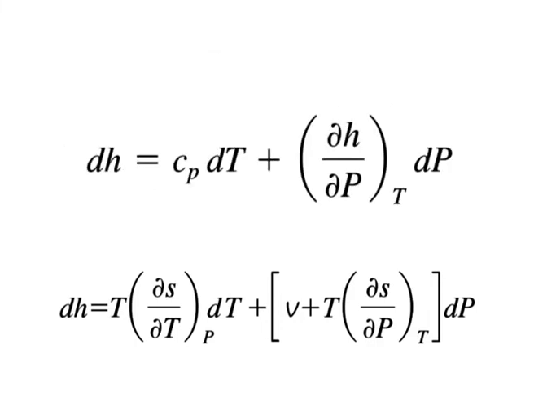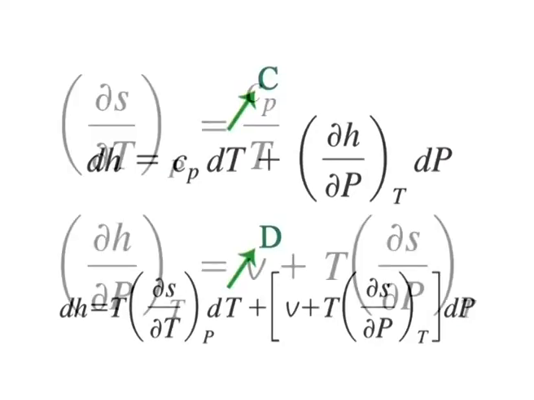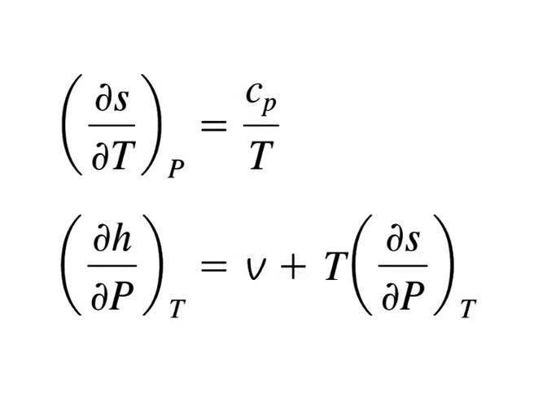Equating the coefficients of dT and dP in equations C and D, we obtain partial derivative of S with respect to T keeping P constant is equal to Cp upon T, and partial derivative of H with respect to P keeping T constant is equal to V plus T into partial derivative of S with respect to P keeping T constant.